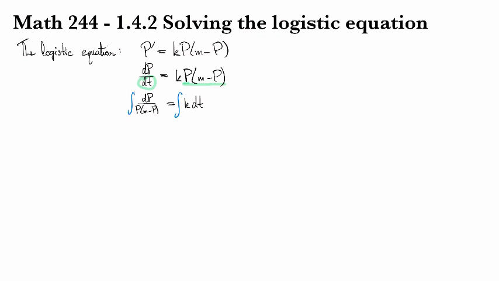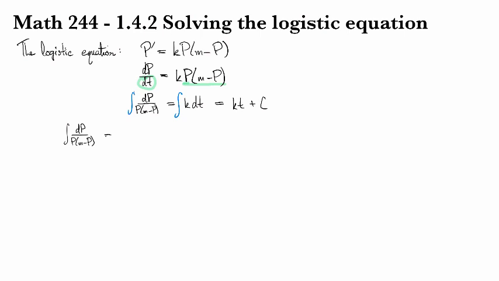On the right-hand side, we have the easy one. This is just going to be kt plus a constant. On the left-hand side, however, we have to figure out how to sort out this dP over P(M minus P) business. If it's been a while since you've done integrals, you may have forgotten, but the technique to use here is partial fractions.